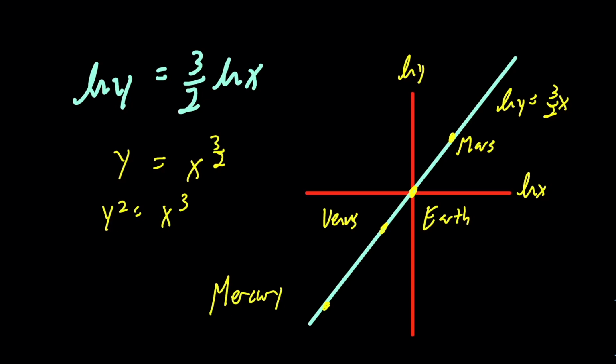In other words, the square of the period in years of each planet is equal to the cube of its average distance from the sun. And historically, Johannes Kepler discovered this relationship in 1619, which is the reason why you may have heard of Kepler's law.